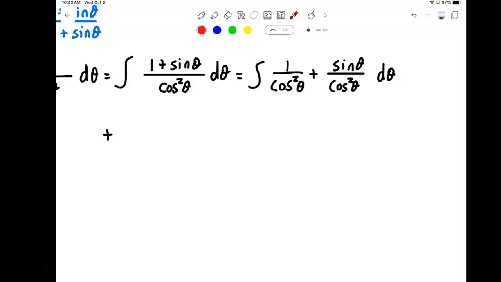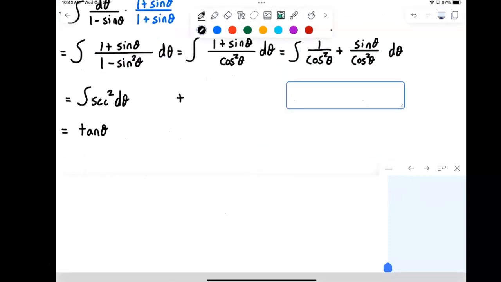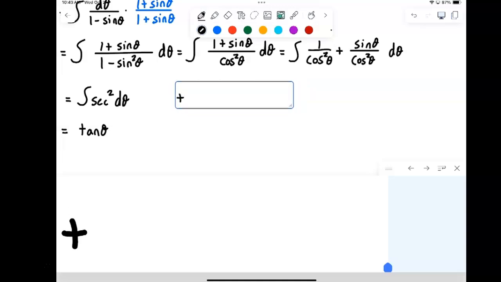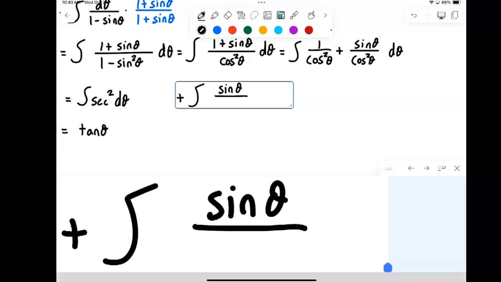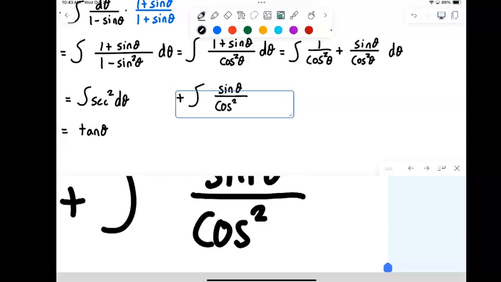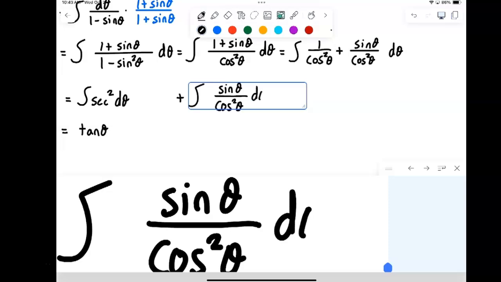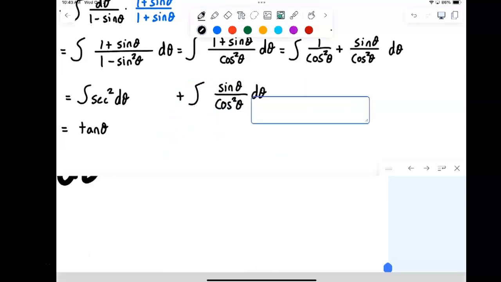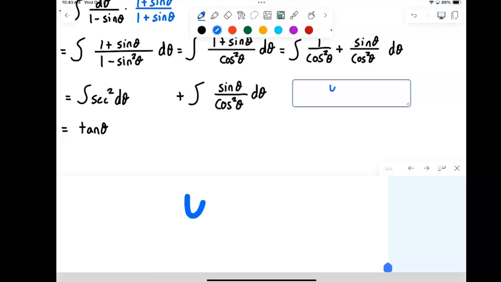So here instead, what I'm going to do for this one is a substitution step and let u be the cosine for that second integral. So here I have the integral of sine theta over cosine squared theta d theta. I'm going to let u be cosine.